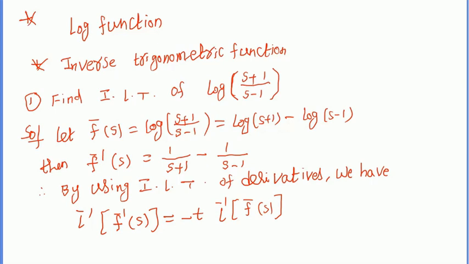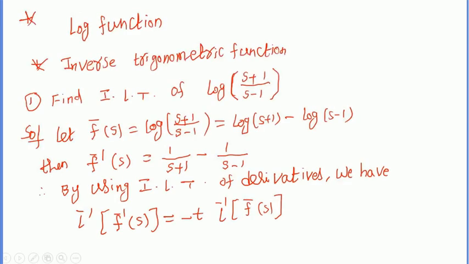Now substitute all the values. What is the f dash of s value? F dash of s is 1 by (s plus 1) minus 1 by (s minus 1).